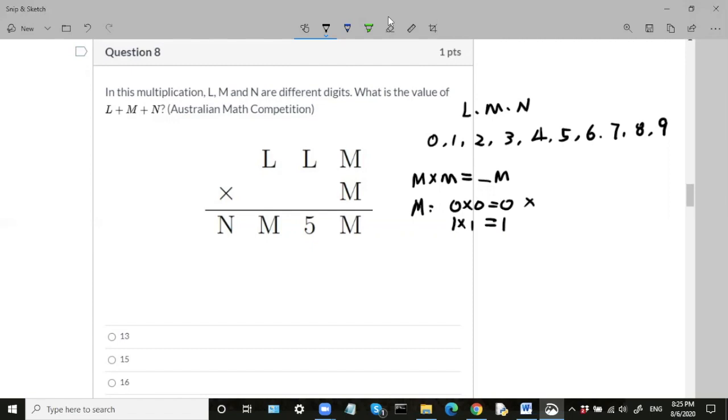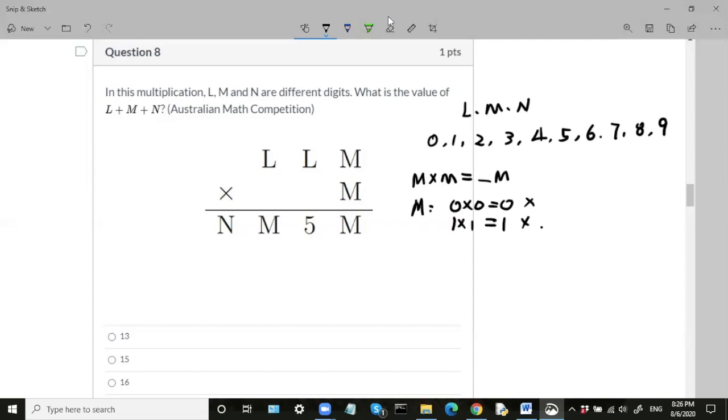So if M is 1, here 1 times 1 would be 1, but L would be times 1. If L is 5, that's fine, but you won't have N, so 1 doesn't work.